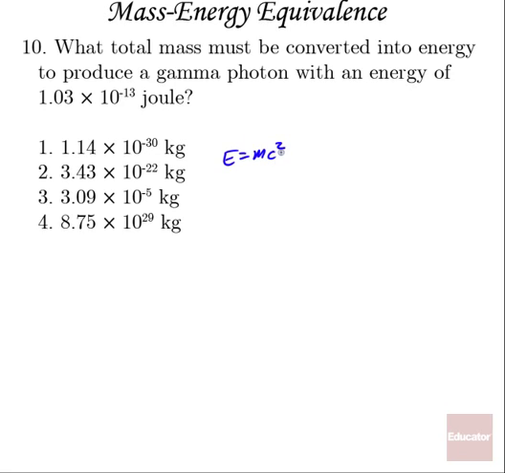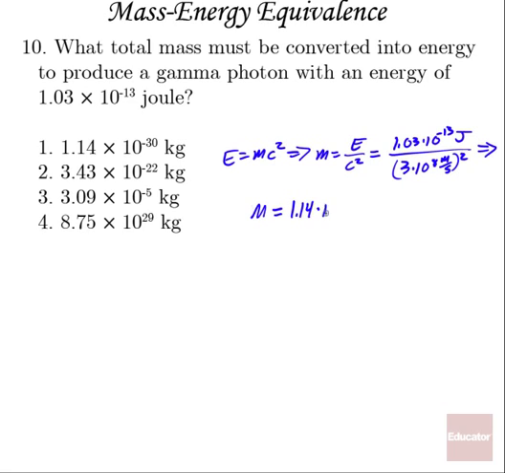We want the mass, therefore mass is going to be equal to the energy divided by the speed of light squared, or 1.03 times 10 to the minus 13 joules divided by speed of light in a vacuum, 3 times 10 to the 8th meters per second, squared, which gives us a mass equal to about 1.14 times 10 to the minus 30 kilograms. Answer choice number 1.